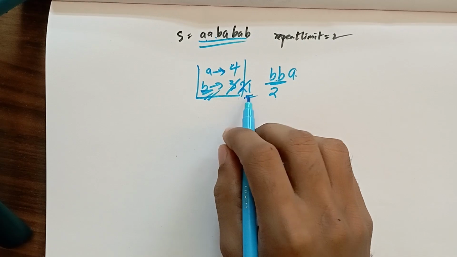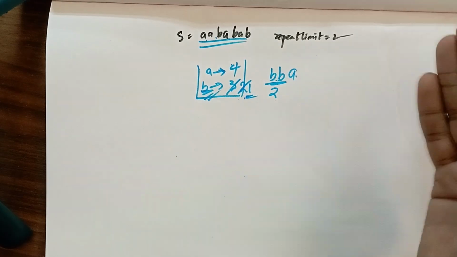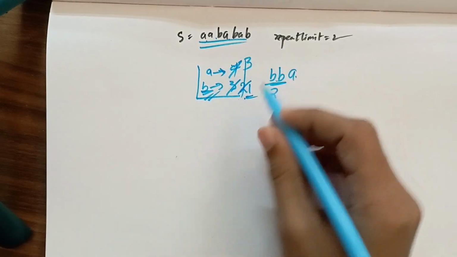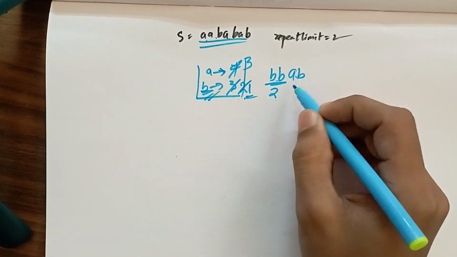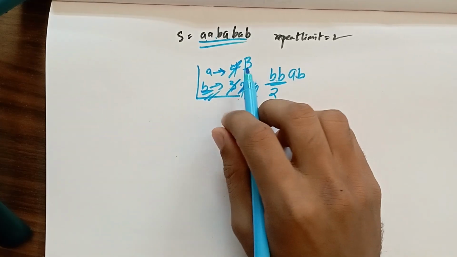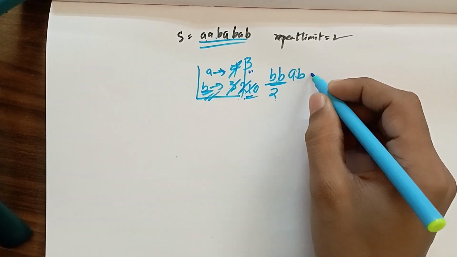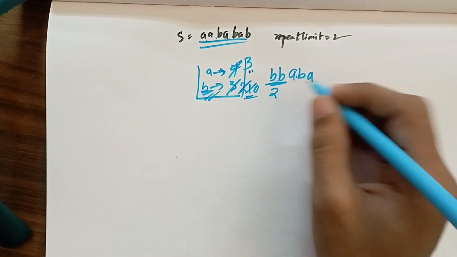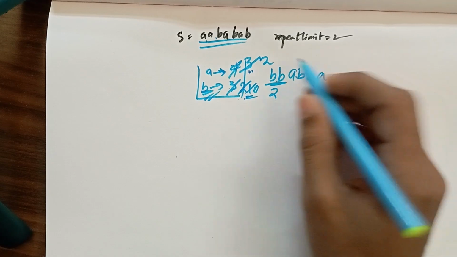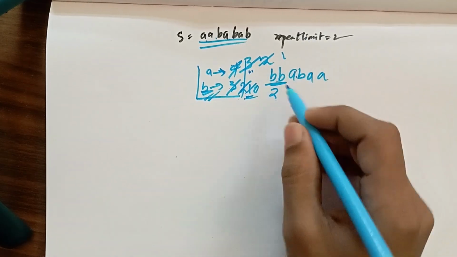Here it is greater than 0, so we'll be pushing back the other character only one time. Now we have b for one time, and then we have only a. Then push back one a, it will be 2, and push back another a, it will be 1.